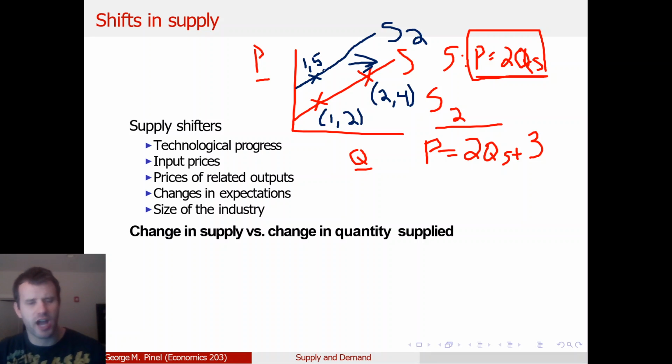Price of related outputs. I don't want to spend any more time on this. I don't particularly care for this one because I think it can confuse things, but it is important in the real world, so I wanted to cover it the first time around, but I don't need to cover it a second time. Change in expectation is kind of similar. I don't like those two because they're both second order effects, so they tend to happen after the original effects, and they confuse the problem.